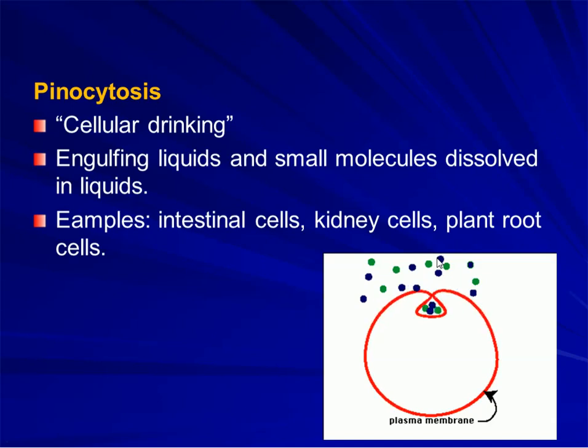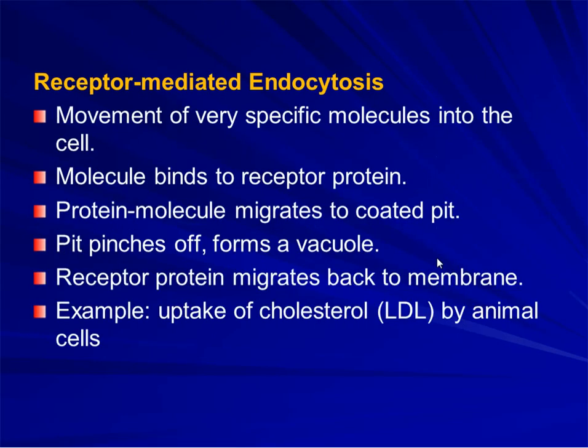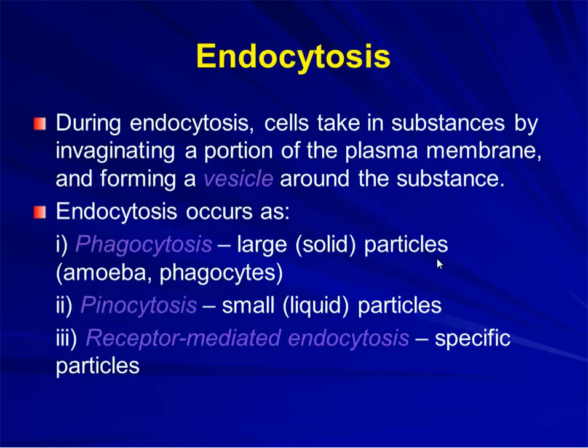Now, how about receptor-mediated endocytosis? If you compare these three, phagocytosis and pinocytosis are non-selective, which means the cell will simply take up any solid or liquid particle. However, receptor-mediated endocytosis takes up only specific particles. How can the cell differentiate the specific particles it needs?